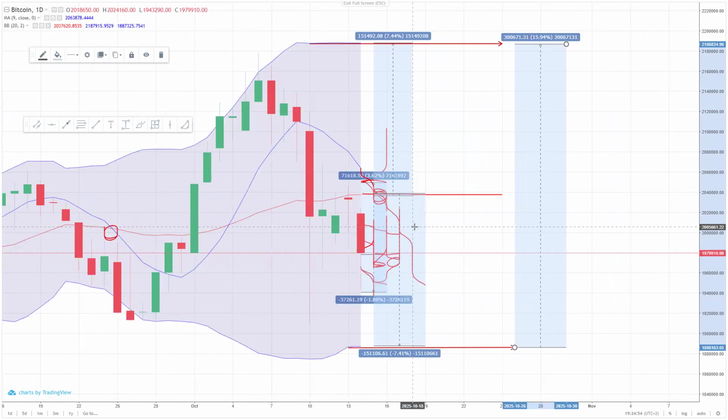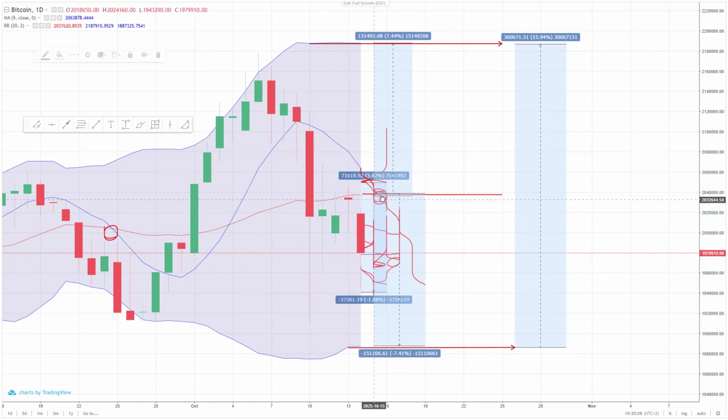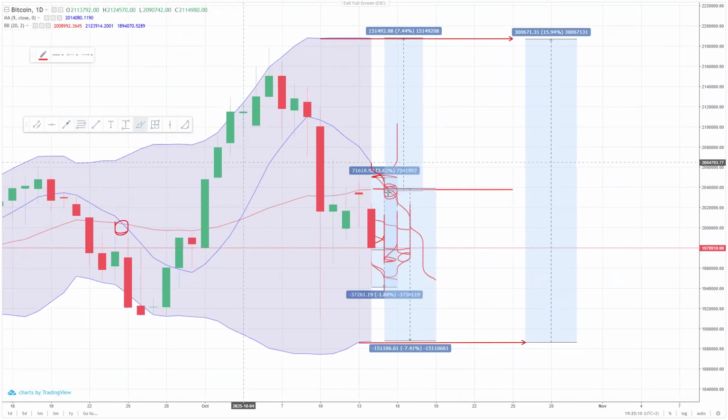Okay, so moving averages are just helping us to show where is the center of the Bitcoin universe at this point in time. We've got two centers. We've got that center and we've got this center, and they're basically going to cross each other. They're going to be in the same center, the same center point of gravity.